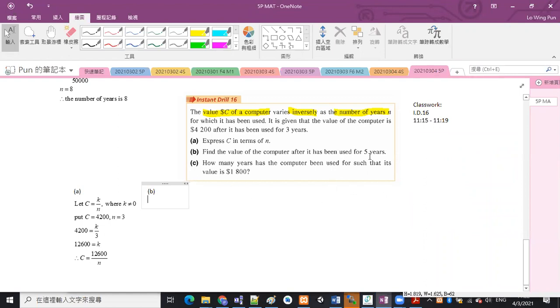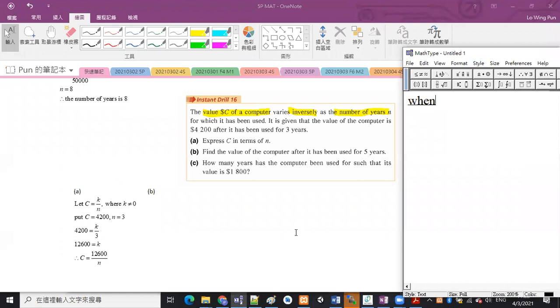咁 5 years 今次係揾 given，個5年用咗5年，咁即係個5咧就要擺落去 n 個位嗰度啦。Find 嘅嗰樣嘢就係 find the value of the computer。咁個 value of the computer 就係 C，所以咧我哋要 put 個 n 等於5去到計個 C 出嚟，係咪咁啊？Okay, so when n is equal to 5, then you just put it into our equation.